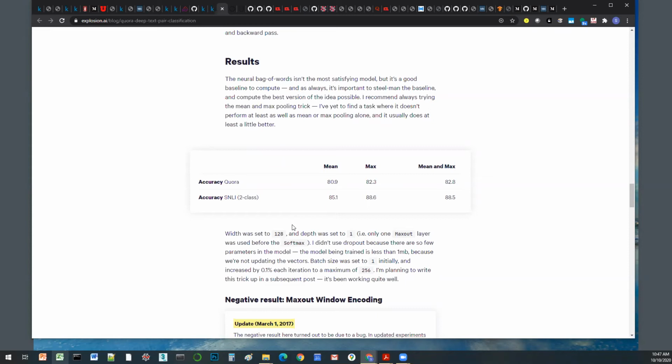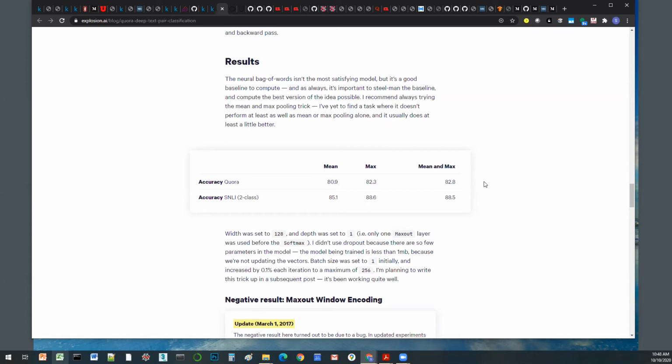But I was just going to simply use what he did, which is for every sentence, meaning for sentence 1, find the encoding of each word in the sentence, do the mean and the max of the encodings. And for sentence 2, again, find the individual words' encodings, do the mean and the max.